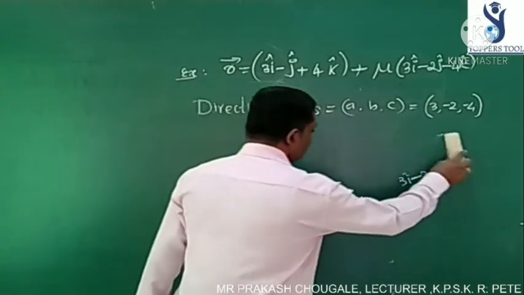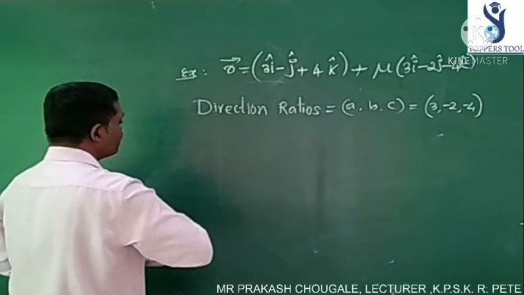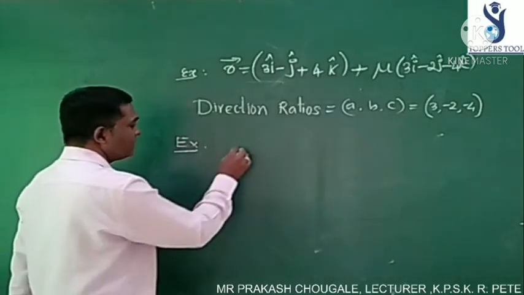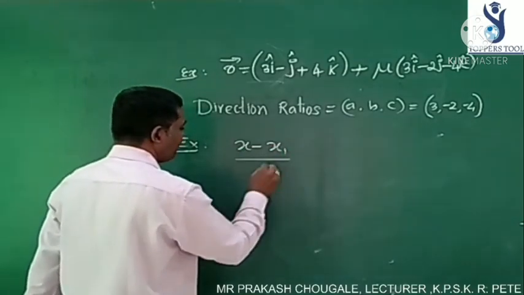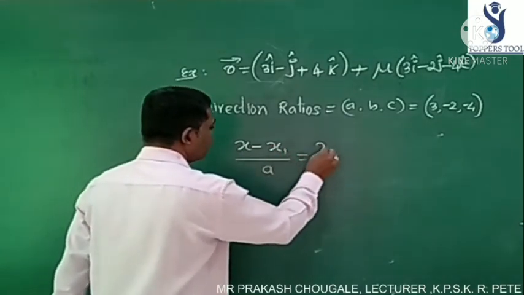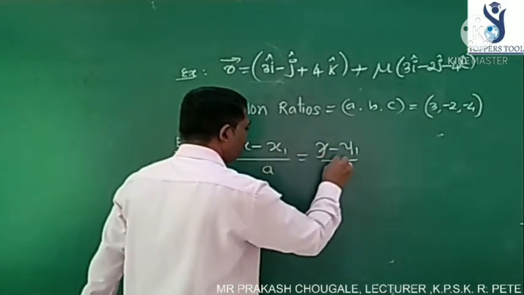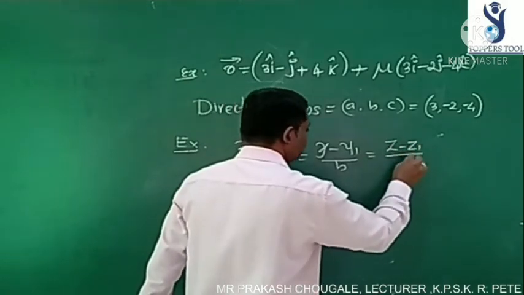Also in Cartesian form, suppose you are given x minus x1 by a, as we all derived it, equals y minus y1 by b equals z minus z1 by c.